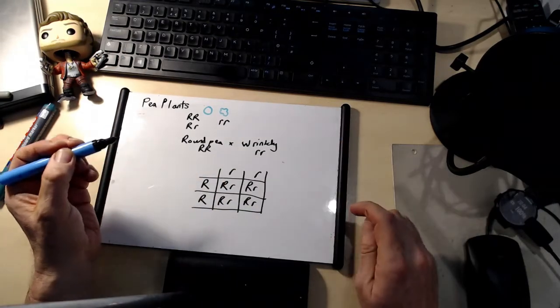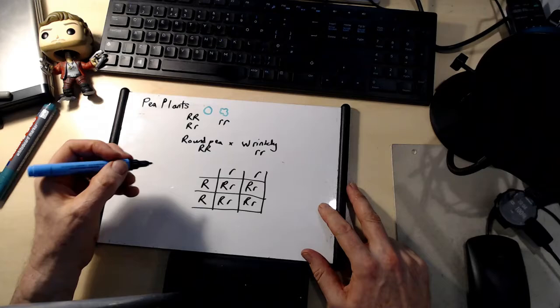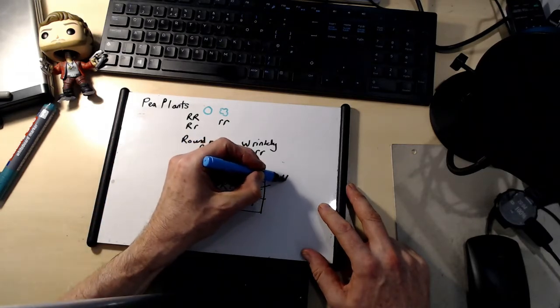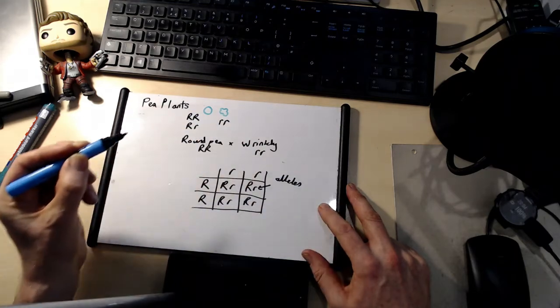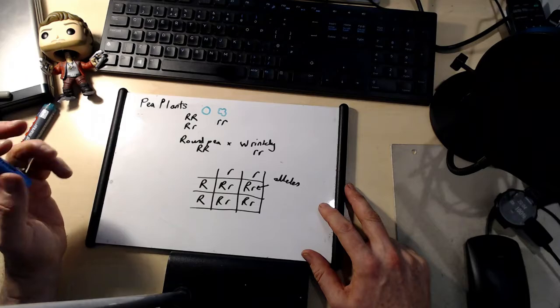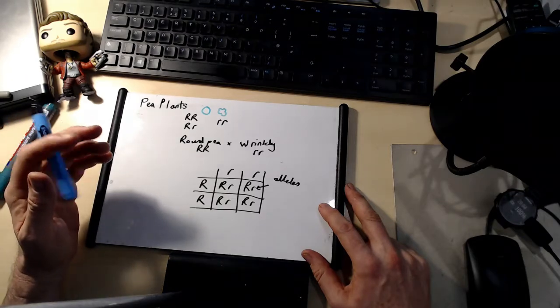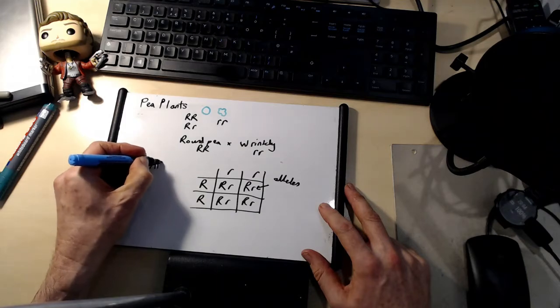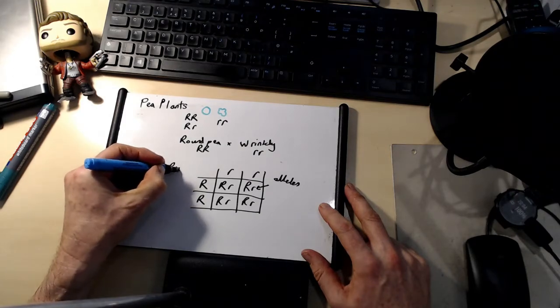This shows a genetic cross, and it shows all the possible alleles of the offspring. As you can see, you're predicting and explaining what will happen. In this case, you can see that all would be round peas.